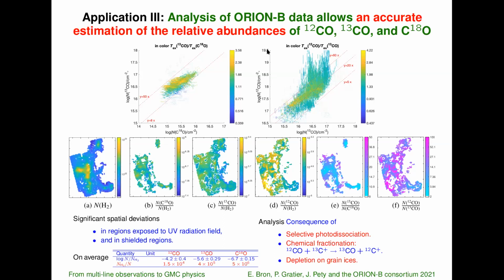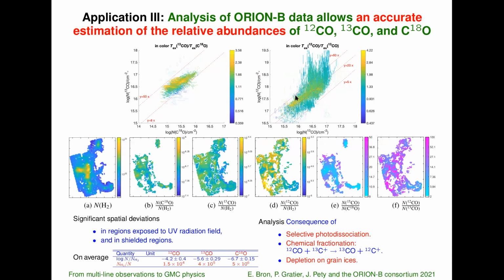So you see that for the column density of 12CO versus 13CO, the abundance ratio between the two species is between 10 and 60. So 60 would be the value that you would get from the elemental abundance of carbon, 12 carbon versus 13 carbon.